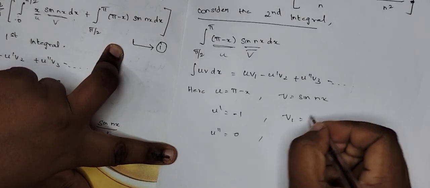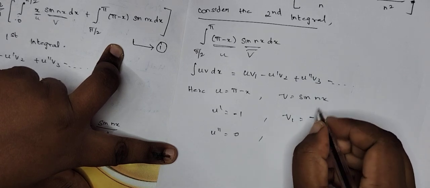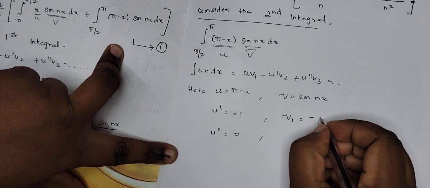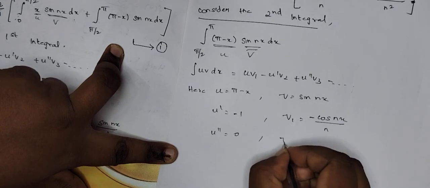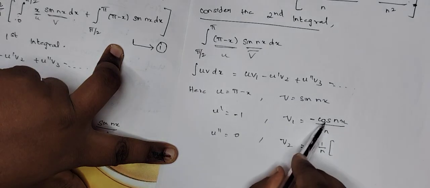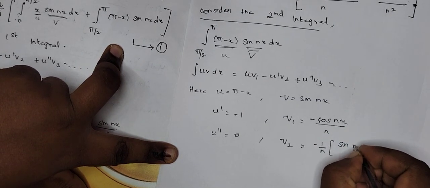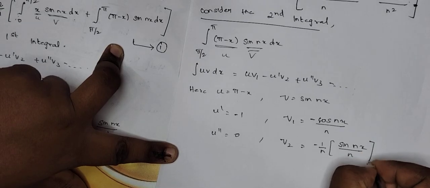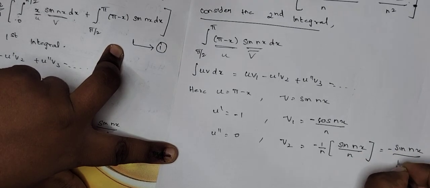Similarly, the value of v1 is the integration of sine, which is minus cos nx by n. Then find v2. v2 equals minus 1 by n, and the integration of cos is sine, so it is sin nx by n. So this is equal to minus sin nx by n square.